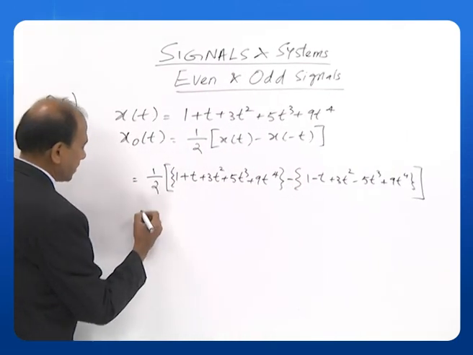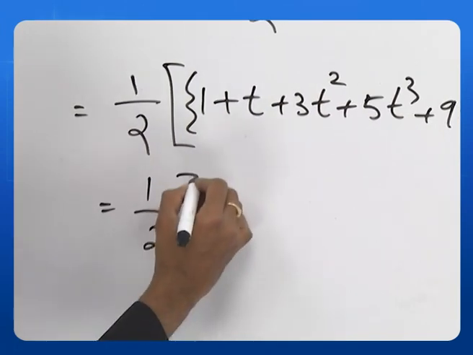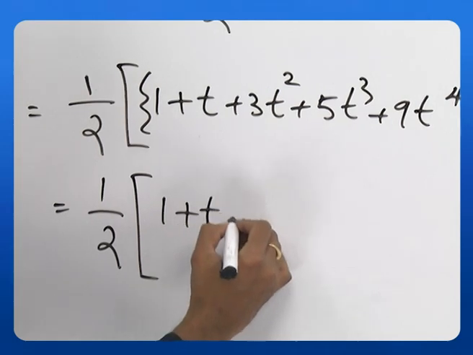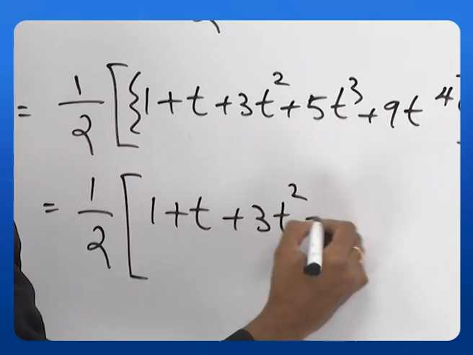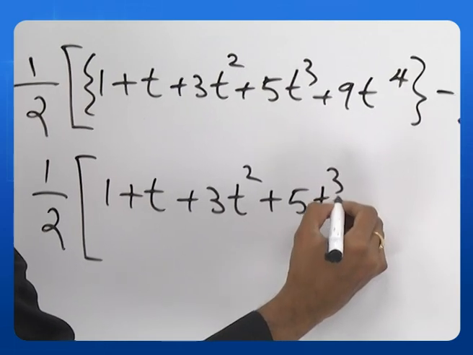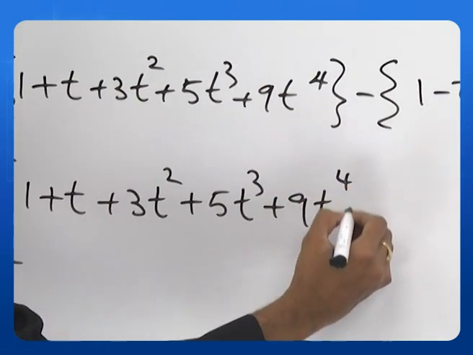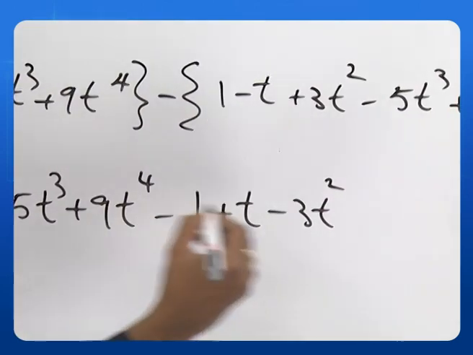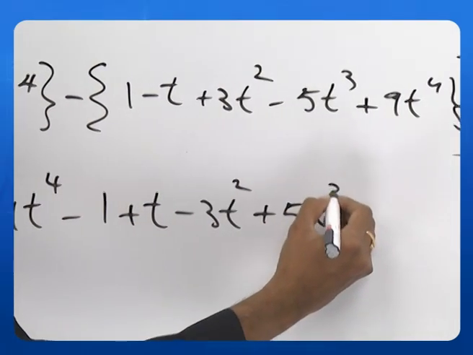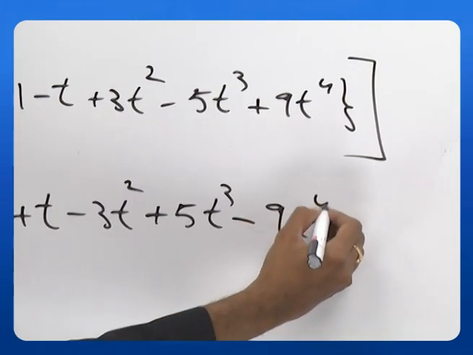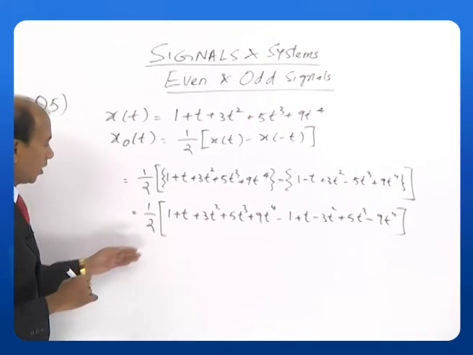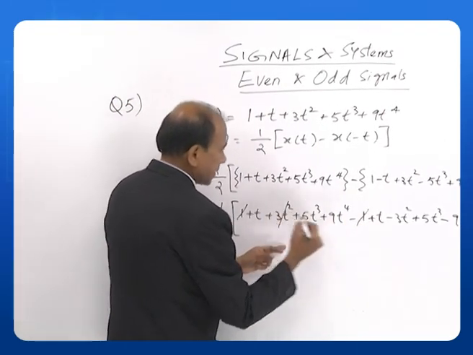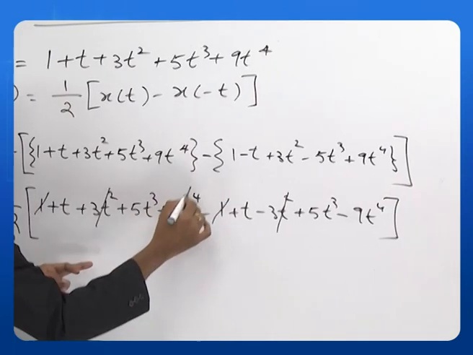Okay. Now, let us subtract this. So, you will get half of 1 plus t plus 3t square plus 5t cube plus 9t to the power of 4 minus 1 plus t minus 3t square plus 5t cube minus 9t to the power of 4. Now, this gets cancelled, this gets cancelled, and this gets cancelled.